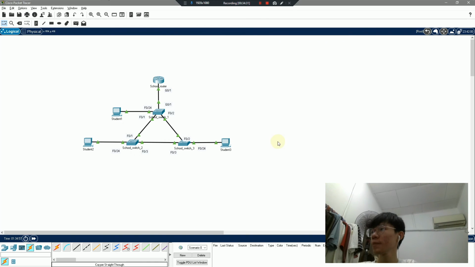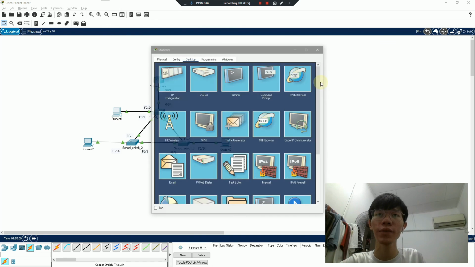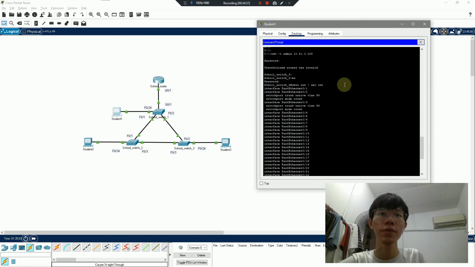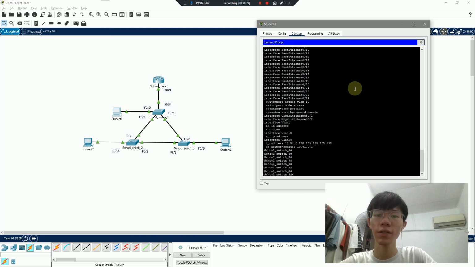Last, for testing the configuration, all of the devices can ping each other.